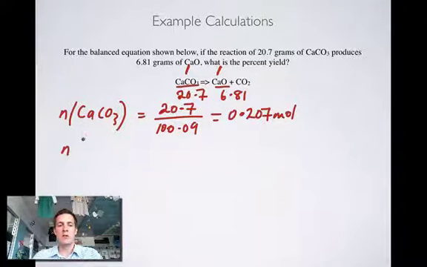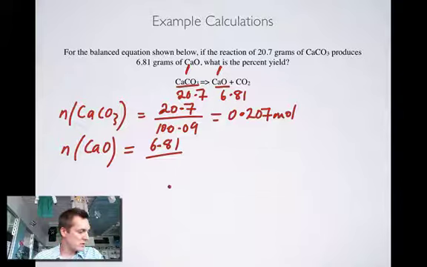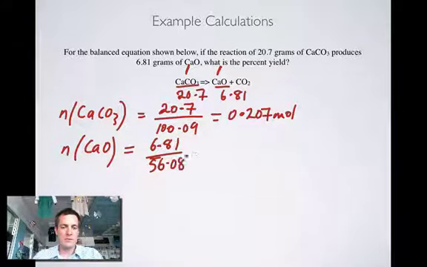So the number of moles of calcium oxide equals 6.81 over the molar mass of calcium oxide, 56.08, and that equals 0.121 moles.